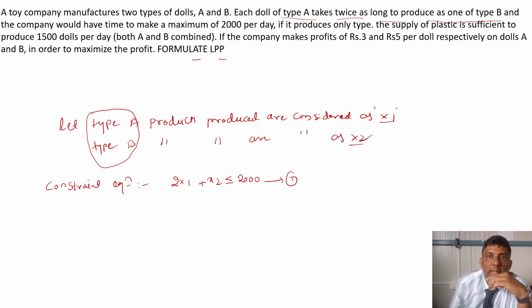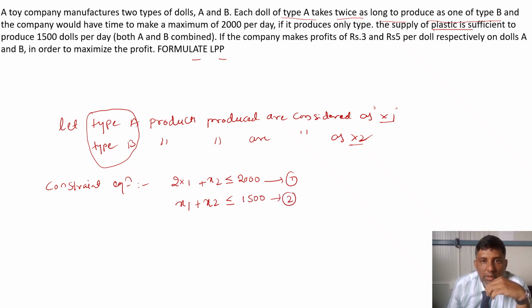The raw material is the plastic, and the available plastic is enough to produce 1500 dolls, not more than that. This is one more constraint, taken for both the products. So x1 plus x2 is less than or equal to 1500, meaning we can't exceed this 1500 limit. This is our other constraint equation.